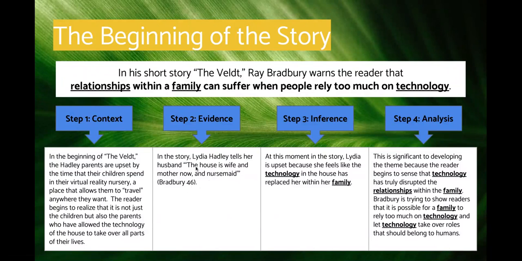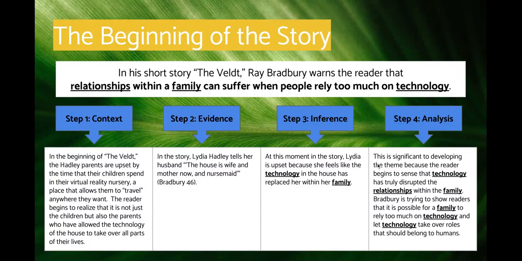We've seen that the technology has ruined her perceived role as wife, mother, and nursemaid in the family. Bradbury is trying to show readers that it is possible for a family to rely too much on technology and let technology take over roles that should belong to humans. So again, how is this proving the theme? That's what I'm doing in the analysis.